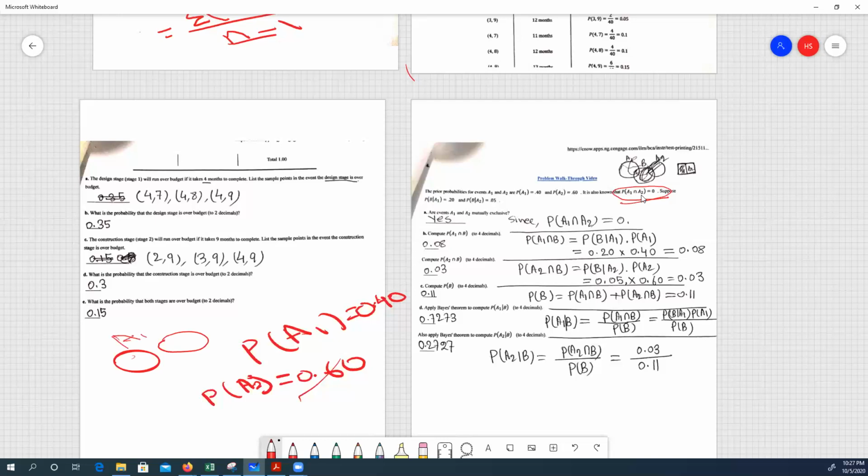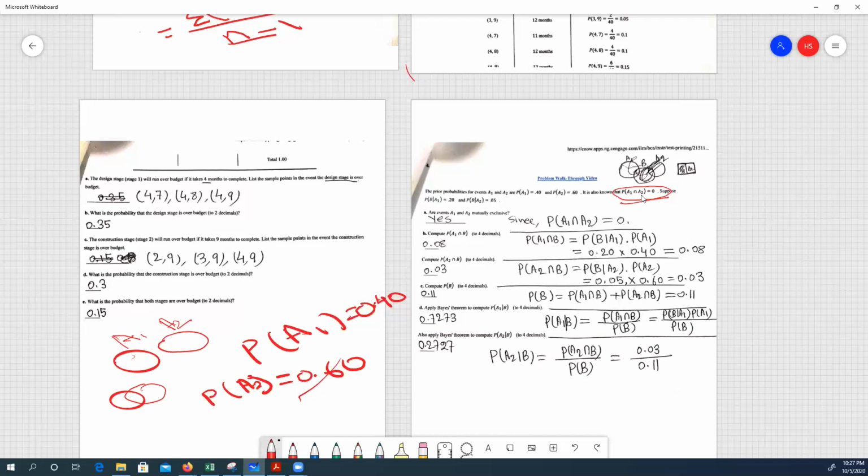They are not like this, they are not like this. Here they do not have any common point, so they are mutually exclusive. So the answer for the first question, are events A1 and A2 mutually exclusive? The answer will be yes, because the probability of the intersection of A1 and A2 is equal to 0.